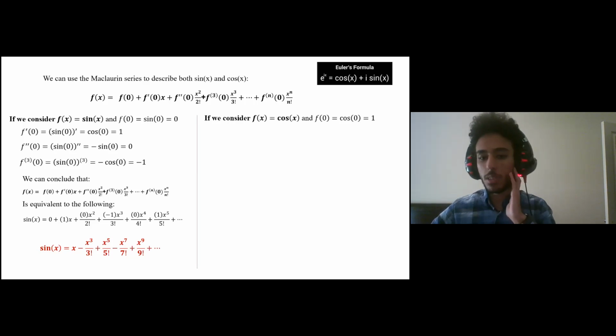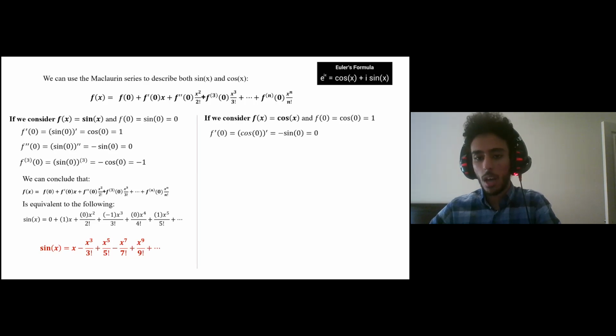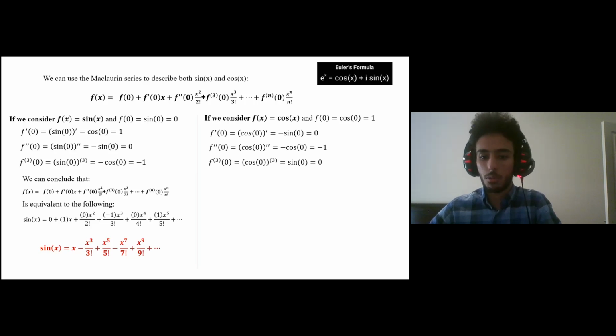Next, we're going to find cosine of x. We're going to substitute f of x for cosine. So cosine of 0 is going to be 1. And we're going to need to find its first derivative, second derivative, and the third one, which are shown here in front of you, 0, -1, and 0.